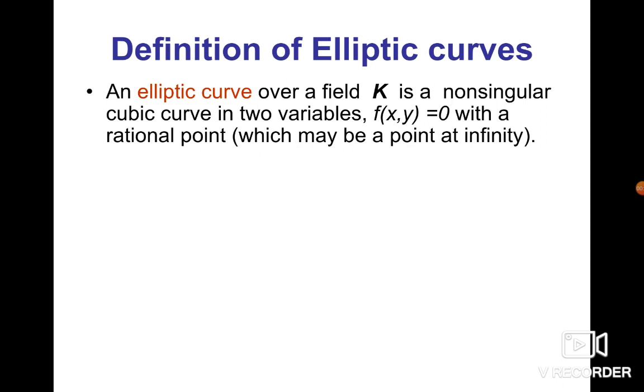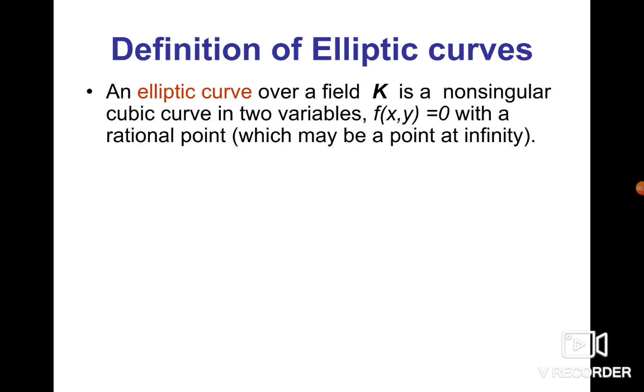We can define the elliptic curve over a field K. It is a non-singular cubic curve which consists of two variables x and y, f of x comma y equal to 0, with a rational point. It can be a point at infinity.